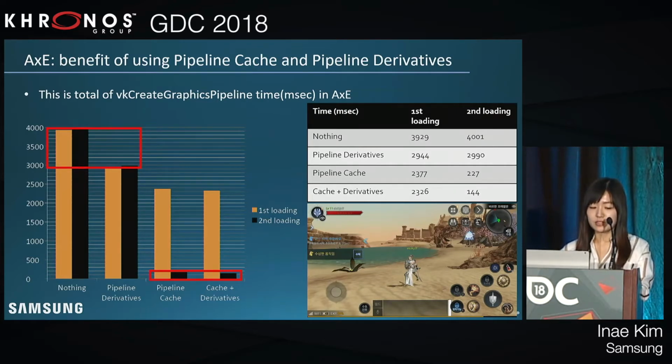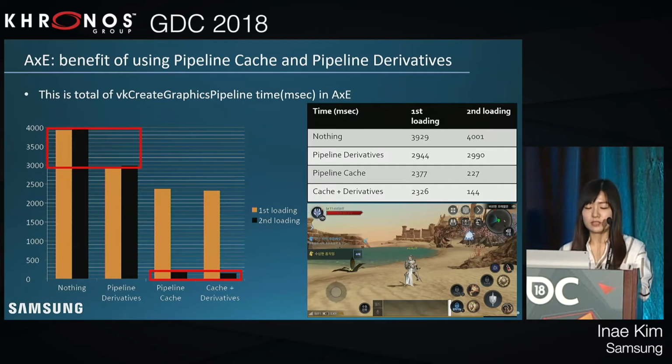Basically, the pipeline cache is fast after the second load, but pipeline derivatives can make a little more improvement. When reusing the pipeline, if you can use pipeline derivatives with the cache, you don't need to access the SD card because you already have the handle, so use it. That's why this data shows you the improvement.